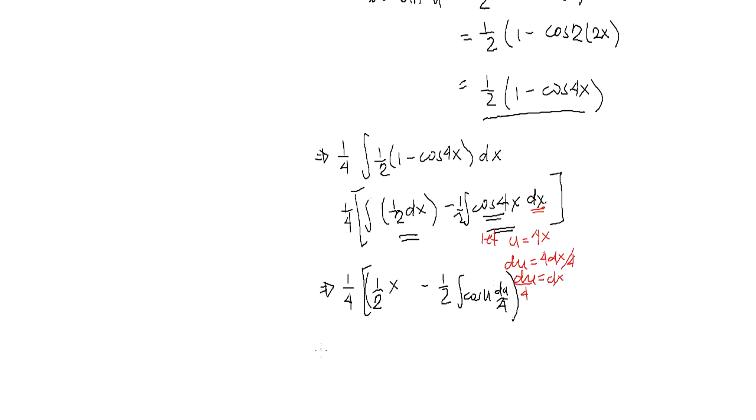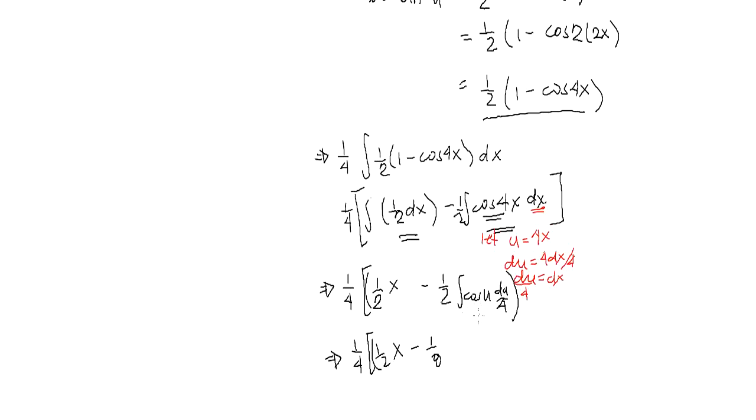From here you can now rewrite this as 1/2 x minus 1/2 times 4, which is just 8.